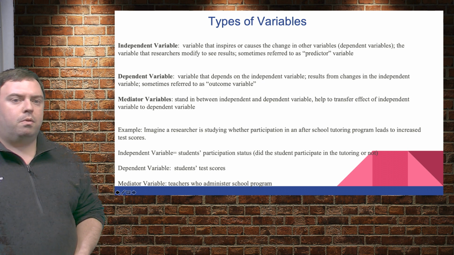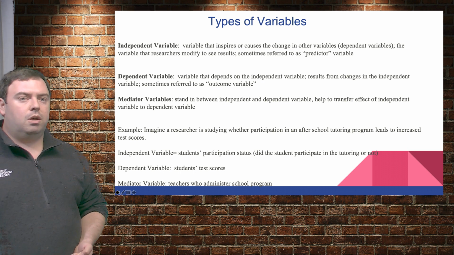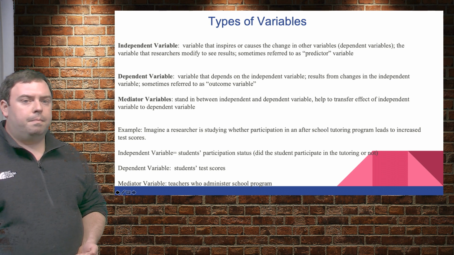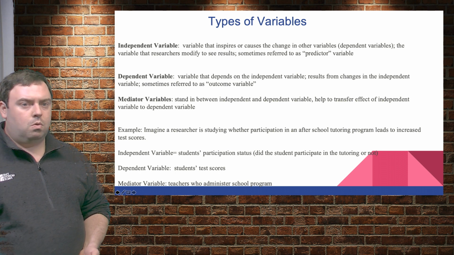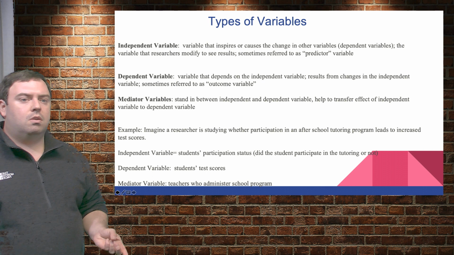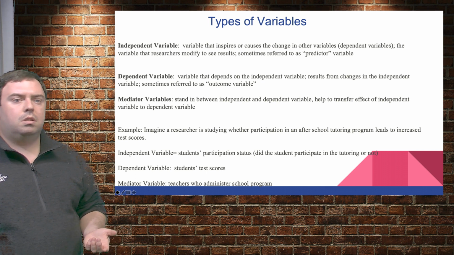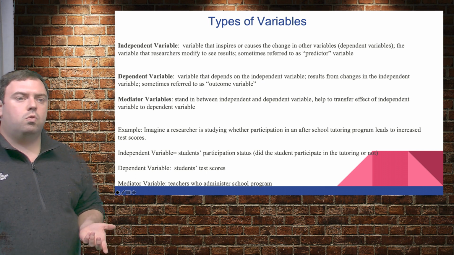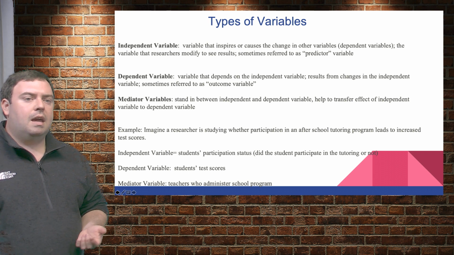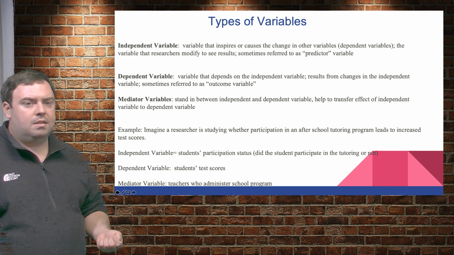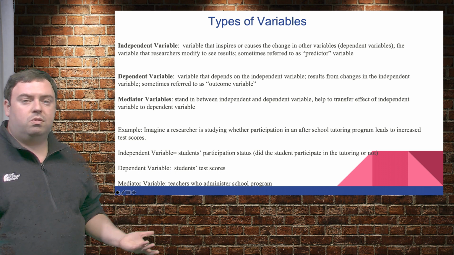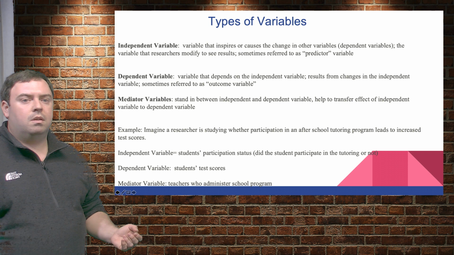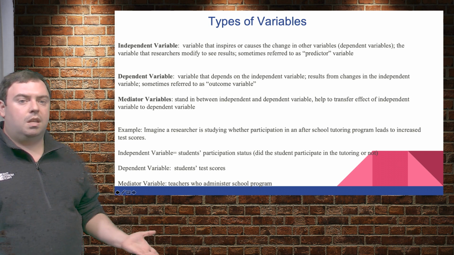For example, what if you're studying the relationship between participation in an after-school tutoring program and student test scores? Those are your two variables. The first is the amount of participation in the after-school tutoring program, and the second variable is the change in students' test scores, or students' test scores at the end of the study.